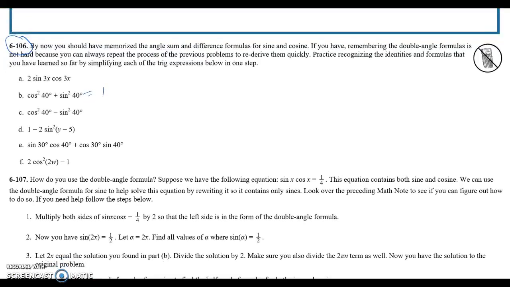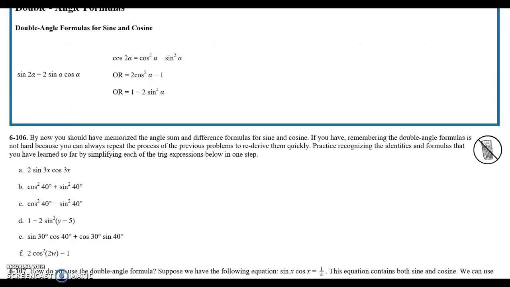C, so looking at C, I'm going to scroll up here and take a look at some of my notes. Let's focus on C right here. Notice that the format here that we see is cosine squared of something minus sine squared of something. Well, what matches that? If I look up here, isn't that the same as what we see here? So alpha in our example here is 40 degrees.